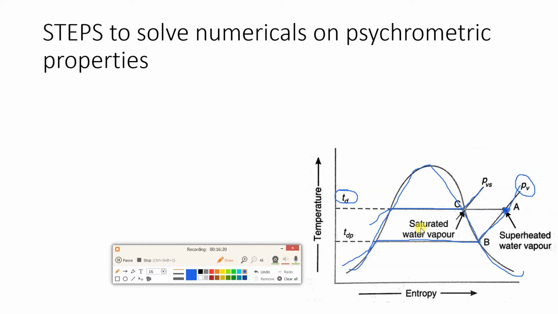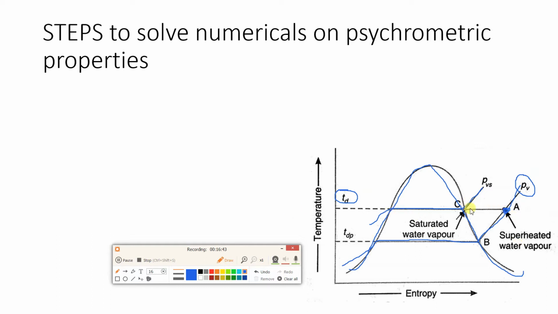Please remember this. Even though I don't feel that superheat, it doesn't mean that it is above 100. Please understand that. This PV value is so small, we will see this in a numerical, that whatever water vapor is there in the room is in a superheated state.